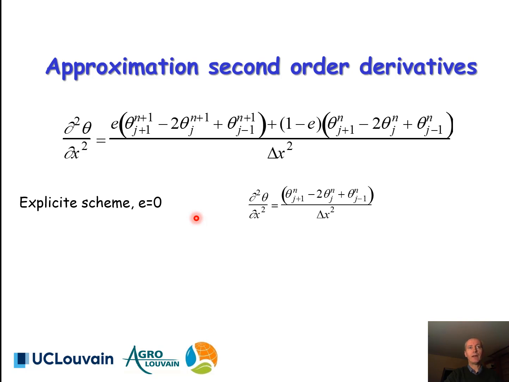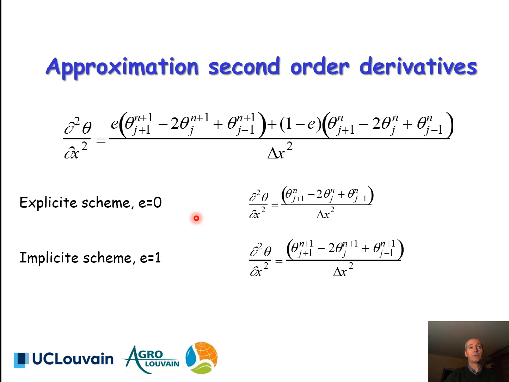It is the theta values evaluated at time n. If we consider E equals 1, we evaluate the second order derivative in terms of future theta values, which is theta values evaluated at time n plus 1. And when we consider E equals 0.5, we mix both previous solutions and obtain what is called a Crank-Nicolson scheme.